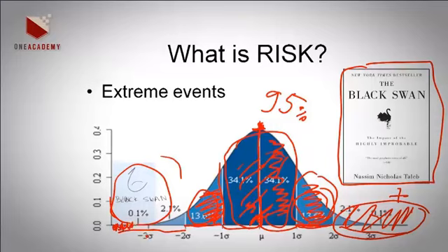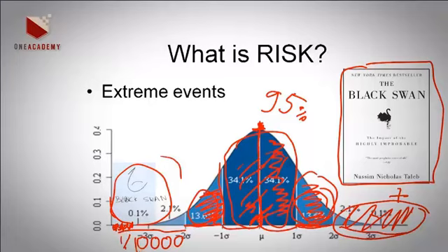These are events such as terrorist attacks, natural disasters, air crashes. All of them are less than 1 in 10,000 probability. And when they occur, because nobody has prepared for them, there is huge damage.